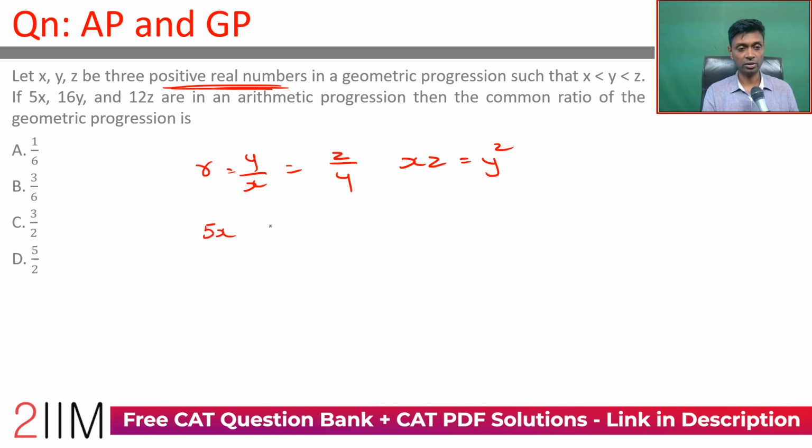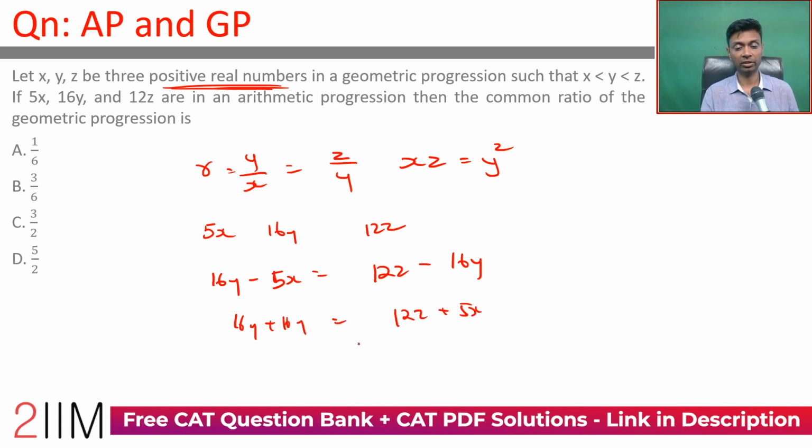So 5x, 16y, 12z. 16y minus 5x equals 12z minus 16y. 16y plus 16y equals 12z plus 5x. 32y equals 12z plus 5x.